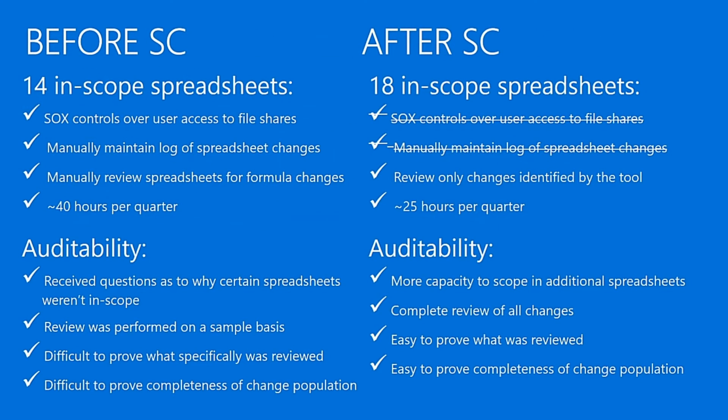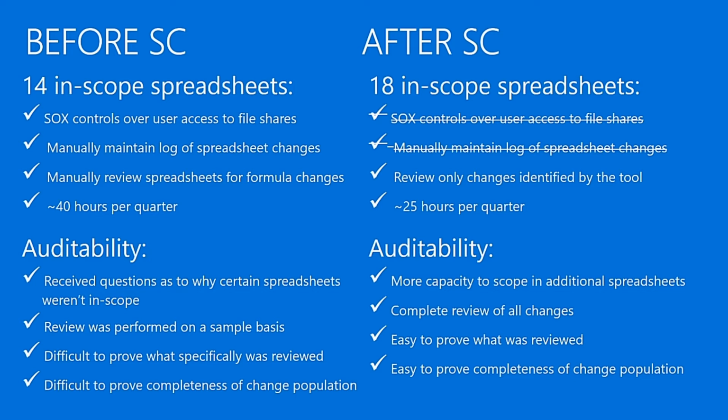So I'm going to give you the process of how we tried to comply with this and mitigate the risk manually. Before is before Spreadsheet Compare, and then after is once we had a tool to help us. So before, we had about 14 spreadsheets that we defined as being financial statement impacting. And because I didn't have good answers to those auditor questions of how do you get comfortable that you have a complete population of changes, we had to supplement additional controls and overhead into the process.